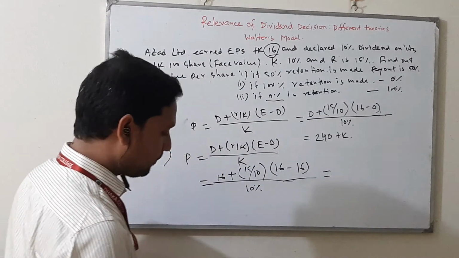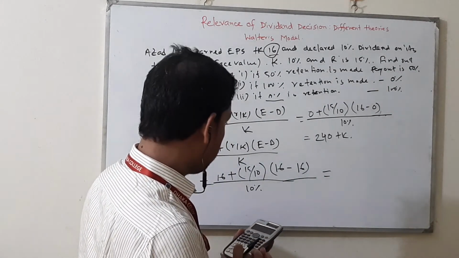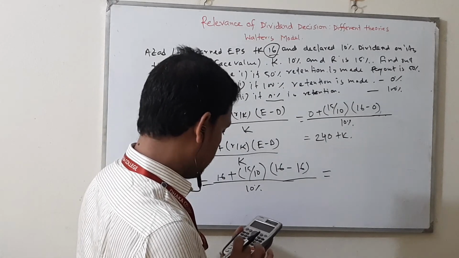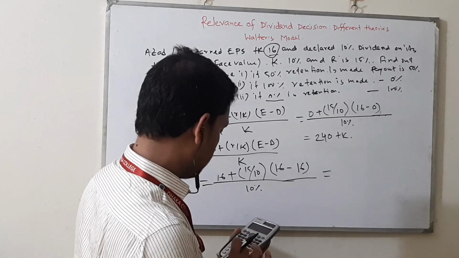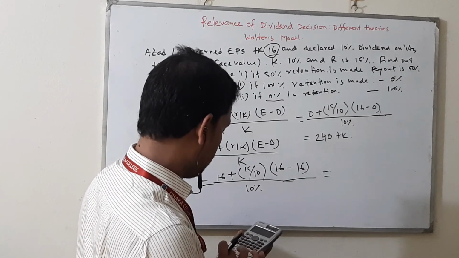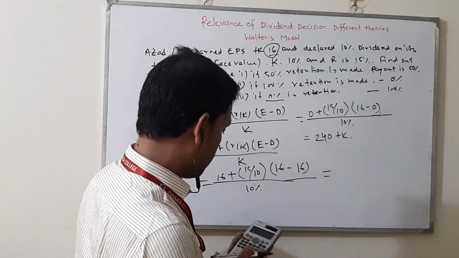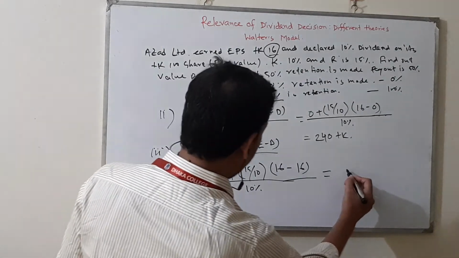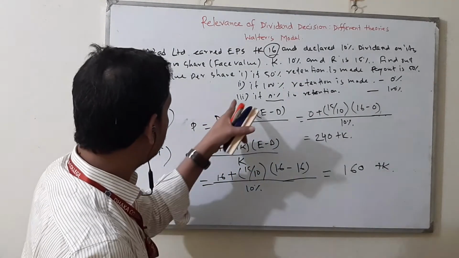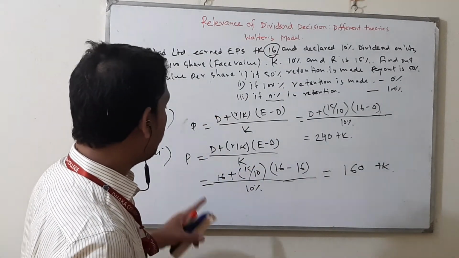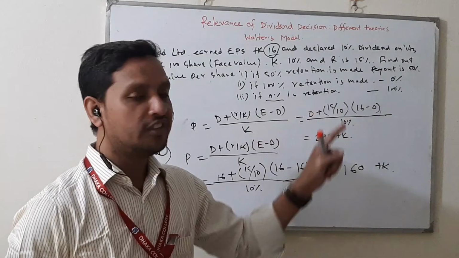Okay, so here the value is 160 taka. So in 3, value per share is 160 taka when 0% is retained.